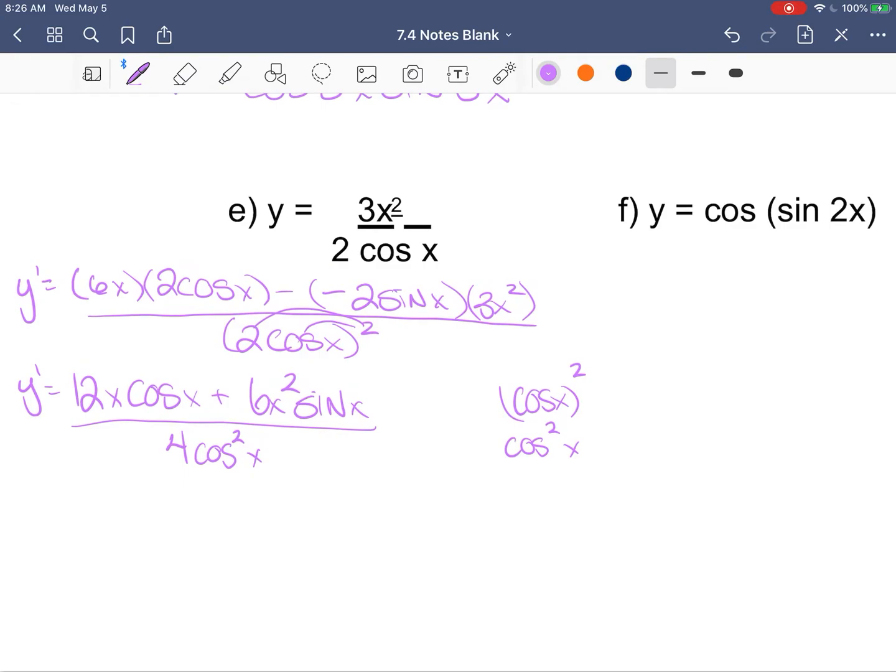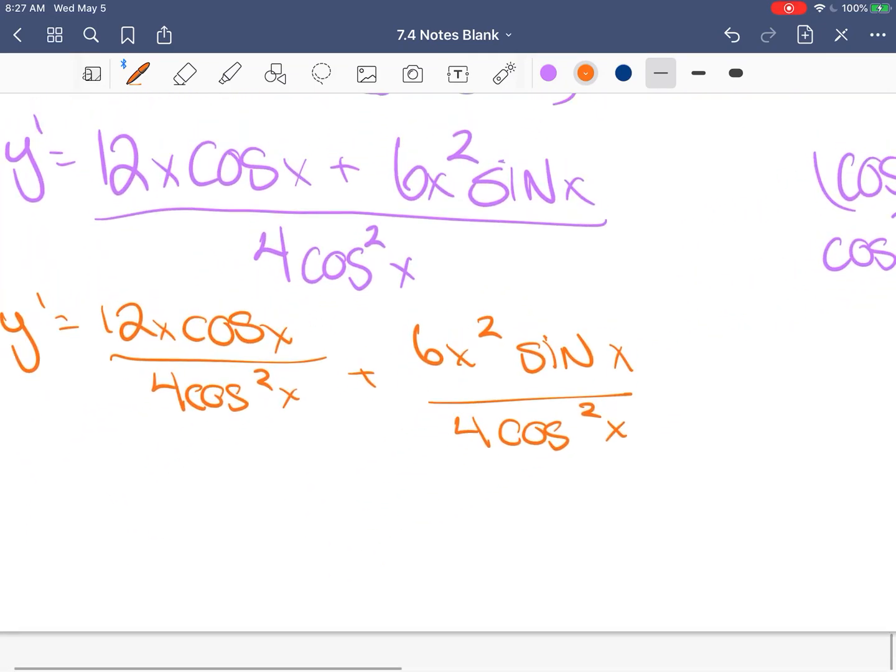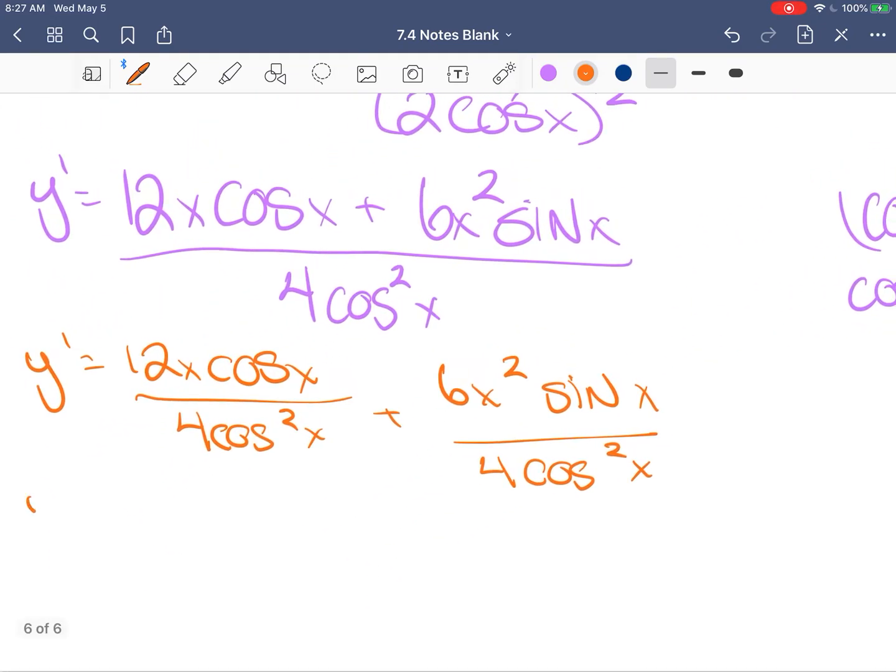And if we want to simplify, which we sure do, when we are dividing things, we are technically dividing both terms by the denominator. So I'm just going to rearrange it. 12x cos of x divided by 4 cos squared of x plus 6x squared sine of x over 4 cos squared of x. Ooh, I'm going to run out of room.